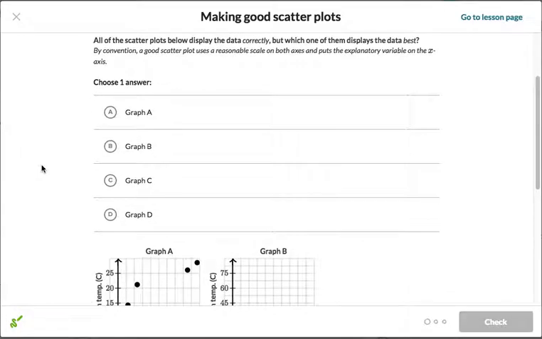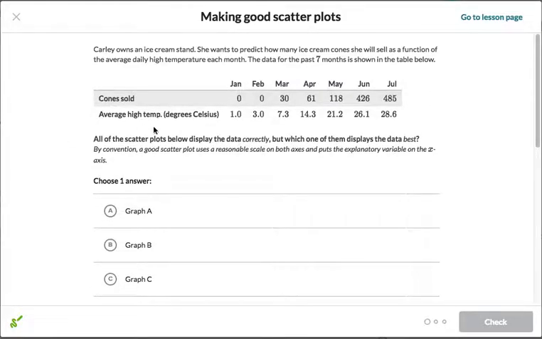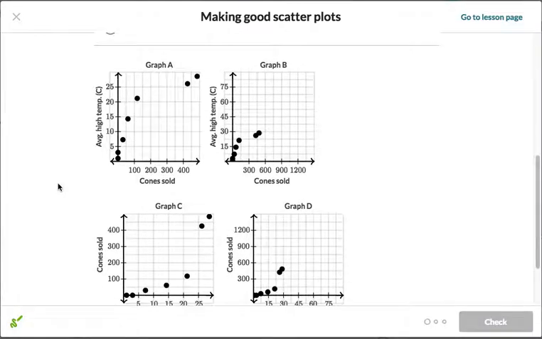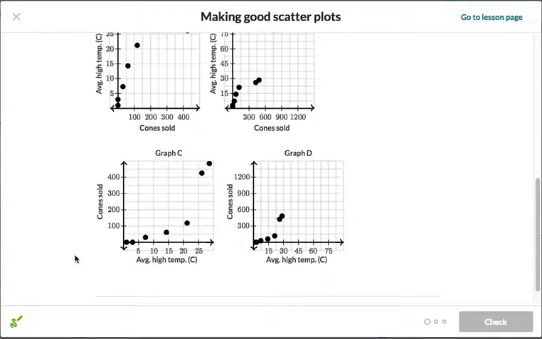All right. So first things, average high temperature is going to be on the x-axis. So we can eliminate these first two, because we can see right here that that is not what we've been given. These two are gone just because they're the wrong axes. So the two that we want to look at most of all are graph C and graph D. We can see here what we discussed, having the x-axis going from 0 to 30 would be a good scale, and the y-axis going from 0 to 500 would also be a good scale.